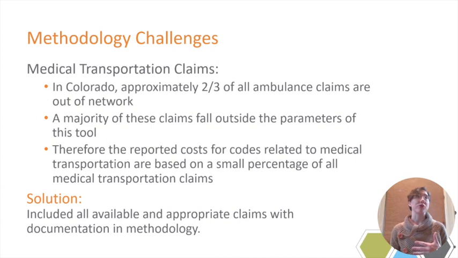Since this tool is about in-network costs, that means that most ambulance claims are outside the parameters for this tool, and so we end up with these reported costs based on a pretty small percentage of what's actually going on in the universe of medical transit. So we did include those procedure codes, but they should definitely be interpreted with that context and with a degree of caution.